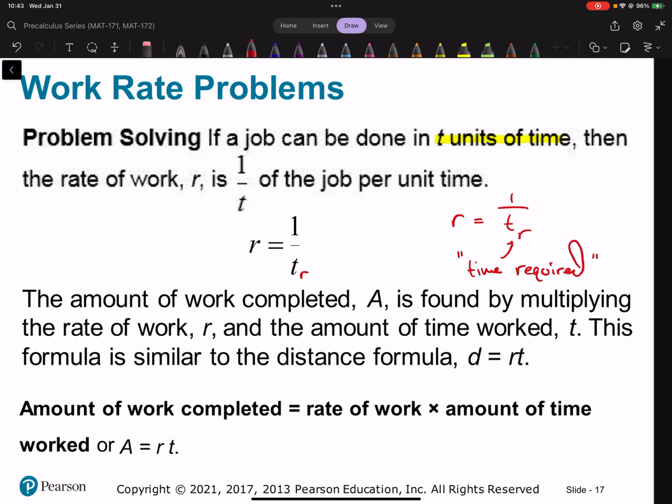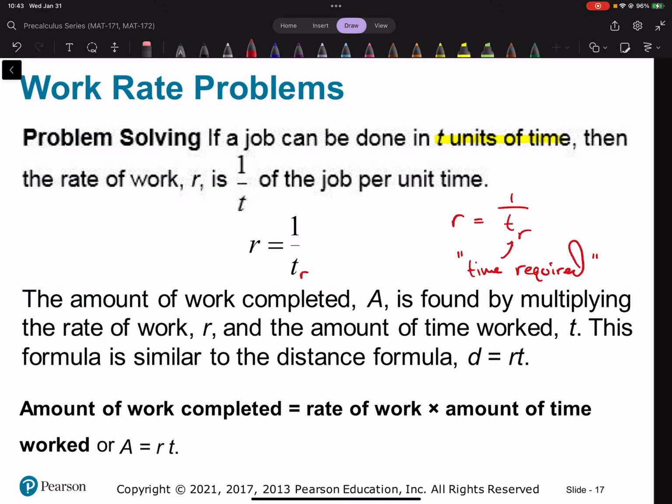Because when you think about it, maybe it takes you 2 hours to clean up your room, but you only work for an hour, right? So we have a time required parameter, but we also have a time actual, which is the amount of time we spend working, all right?